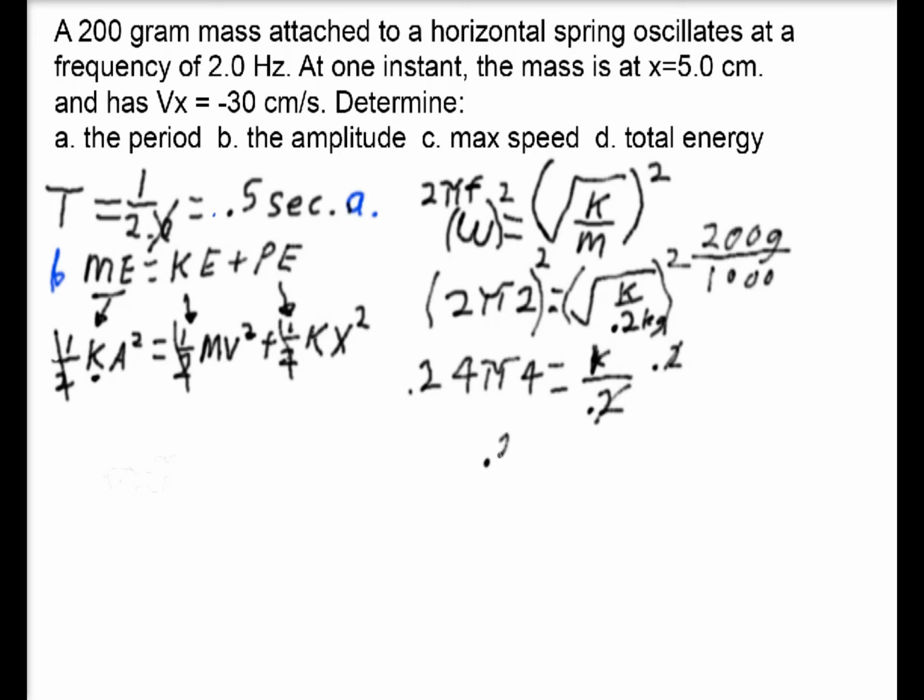So we have 0.2 times 4 times pi squared times 4, don't forget that we squared this, and this will equal the spring constant. Plug that into your calculator: k will equal 31.58, but we'll just say 31.6, and this is in newtons per meter for the spring constant.